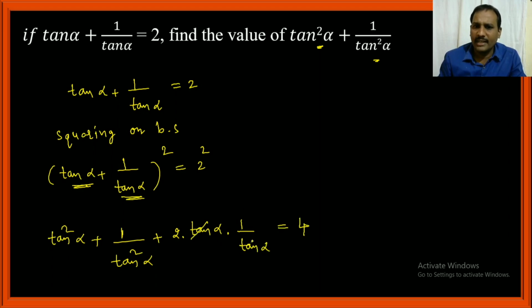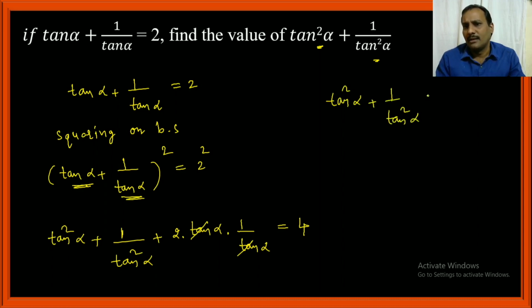So tan alpha gets cancelled. What is remaining here? Tan square alpha plus 1 by tan square alpha is equal to 4 minus 2, that is 2. So the value of tan square alpha plus 1 by tan square alpha is 2.